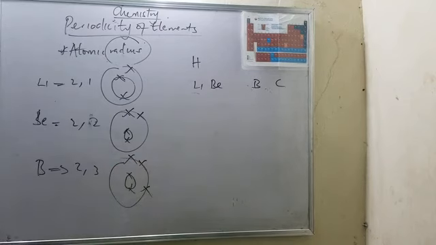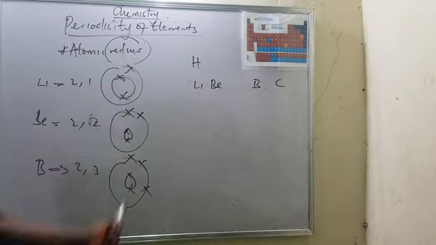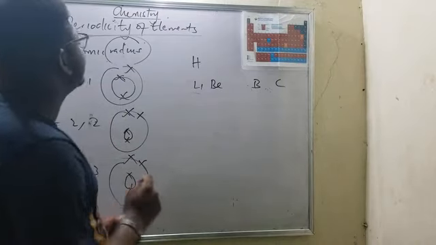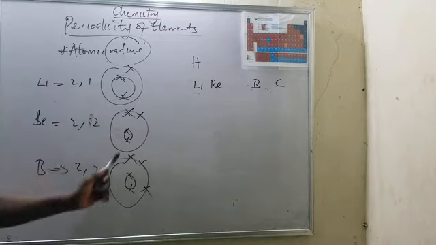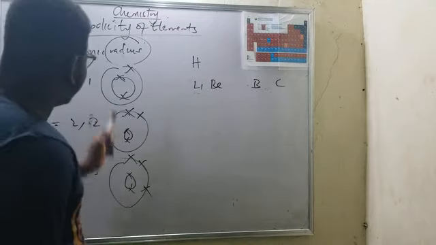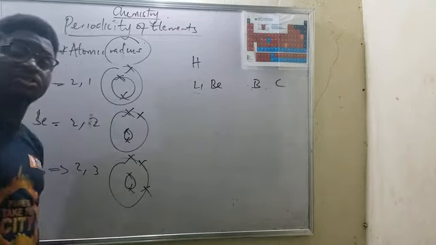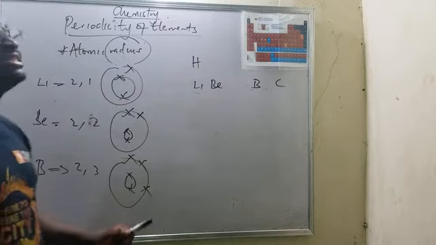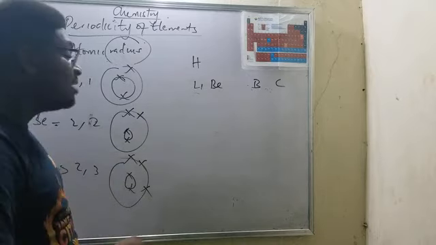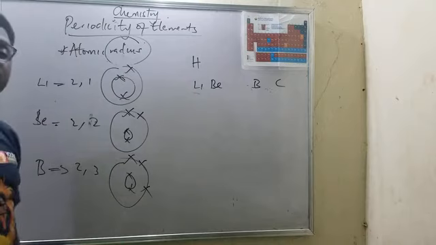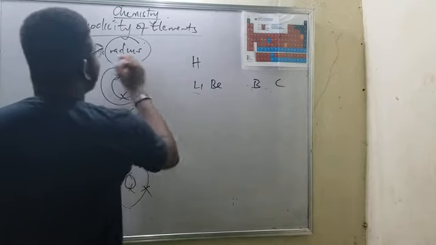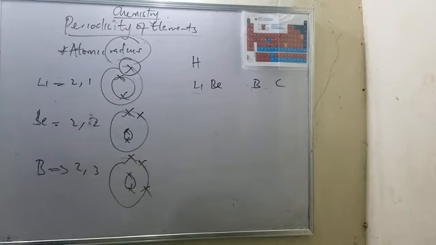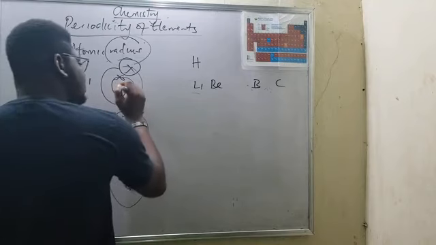If you realize, they all have the same number of shells, but something is changing, which is the addition of an electron on each of them. So this has 2 shells, this has 2 shells, and this also has 2 shells, but electrons are being added on the outermost shell. Because of this, there is an effective nuclear pull from the nucleus.